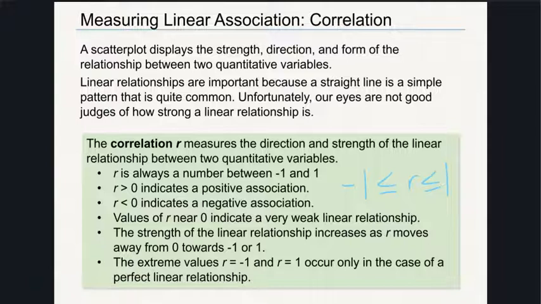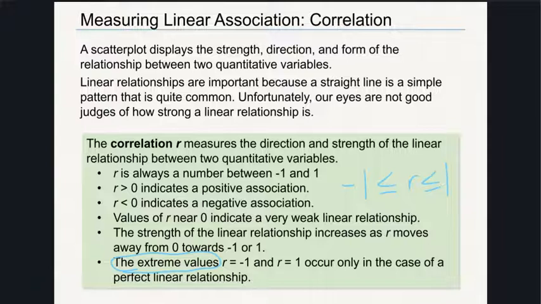So right here, the extreme values, your poles, -1 and +1, are only when it's perfect. Are we going to have perfect relationships? Probably hardly ever. If we're looking at natural studies and nature, you're never going to have anything that's absolutely perfect. So again, it's possible, but highly unlikely.